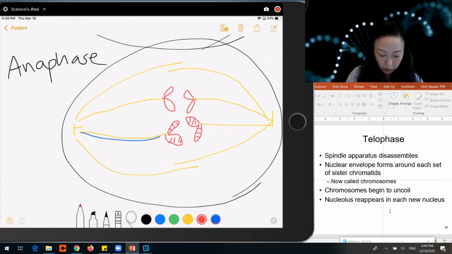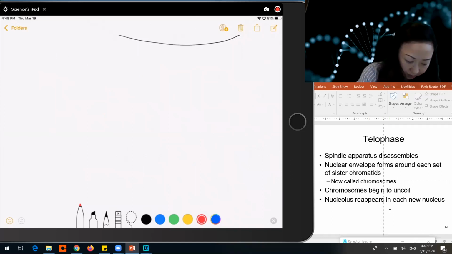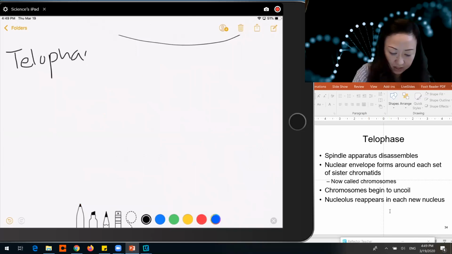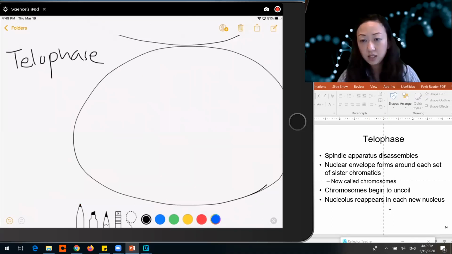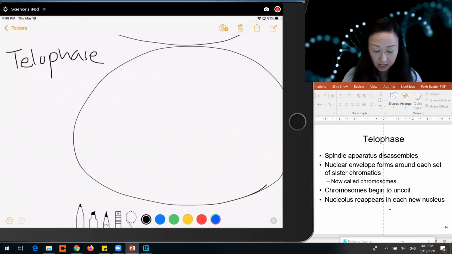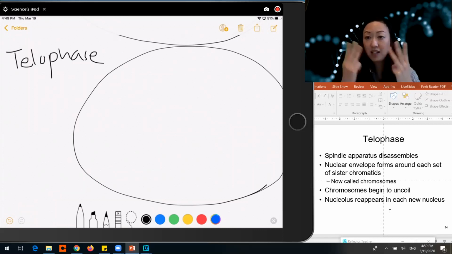Finally, we're going to move to telophase. The last phase of mitosis is when spindle fiber disassembles, the nuclear envelope forms, and chromosomes begin to uncoil. Okay, so it's everything opposite of prophase. In prophase, three things happen. In telophase, three opposite things happen.